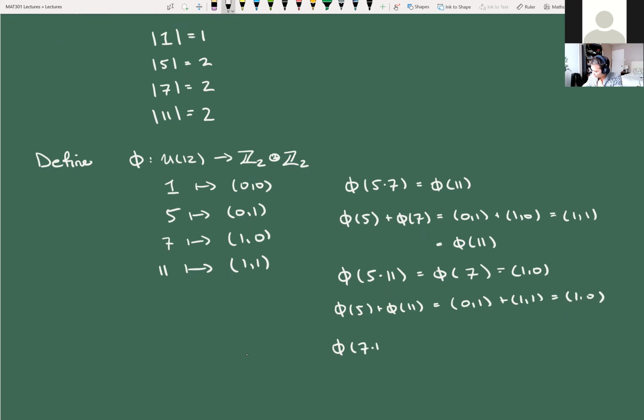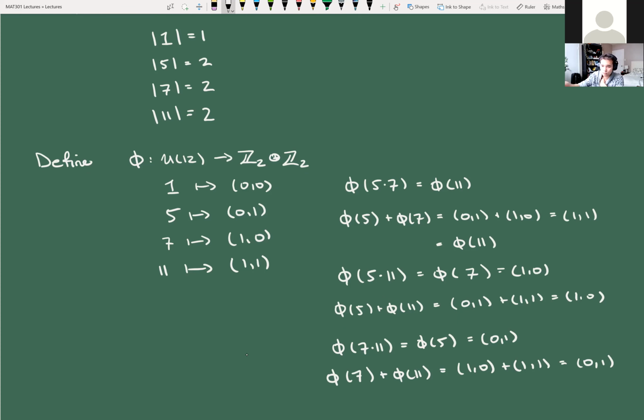So phi of 7 times 11. So that's 77, which is what, 5? So that's 0, 1. And then phi of 7 plus phi of 11 is 1, 0. And yeah, you can see it's going to work. Right, so those are equal as well.